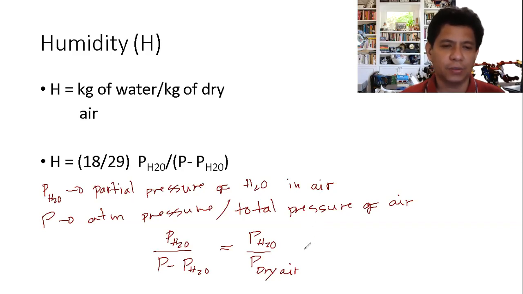So this is the same as the number of moles of water over the number of moles of dry air, when you have an ideal gas system.